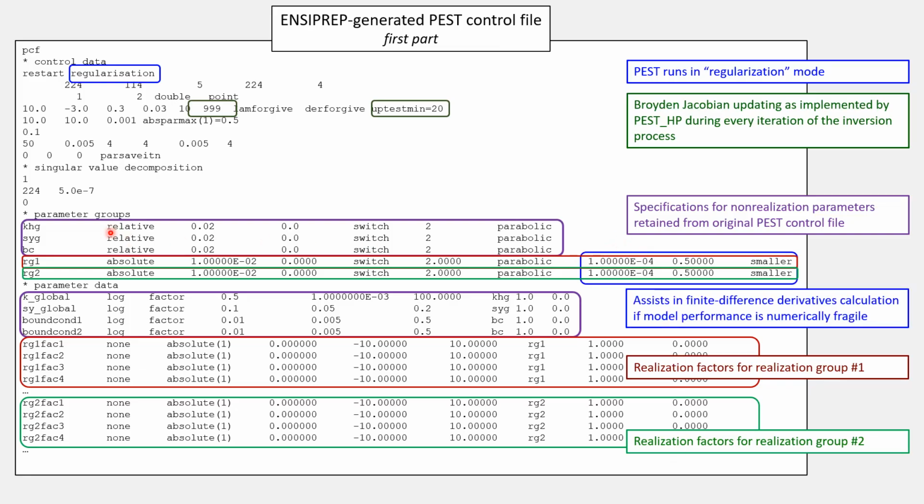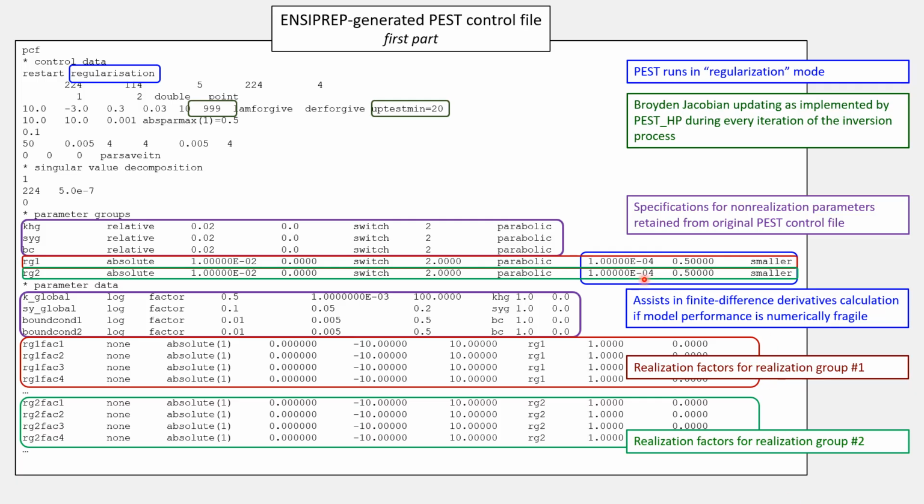So here in the parameter group section, note these variables here. These are described in the PEST manual. If we're worried that perhaps model outputs have a little bit of granularity because of model numerical imperfections, PEST can take special precautions in calculating finite difference derivatives of model outputs with respect to model parameters.